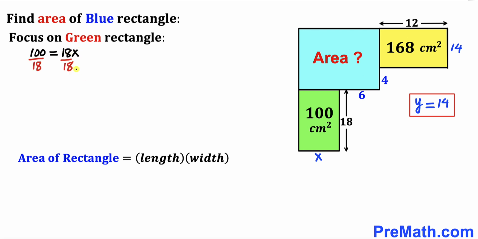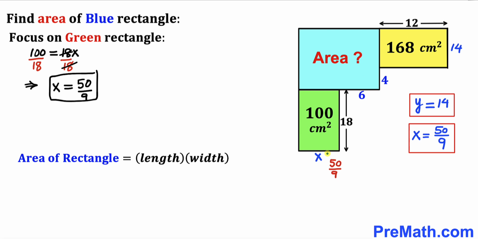And now let's divide both sides by 18 to isolate x. So therefore our x value, if we reduce this, is going to give us 50 divided by 9 centimeter. So therefore our x value turns out to be 50 divided by 9 centimeter.